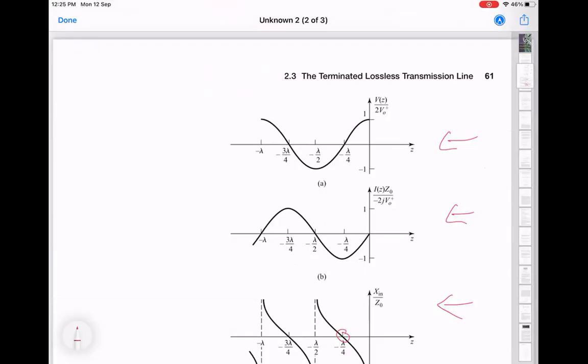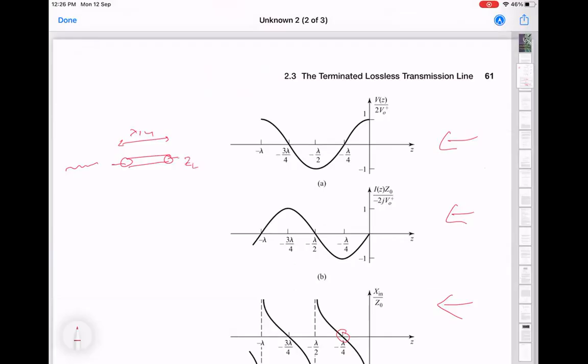I just want to point out one interesting part here. If I have a transmission line which is lambda by 4, and I send in some wave here, it reflects back at an open end.